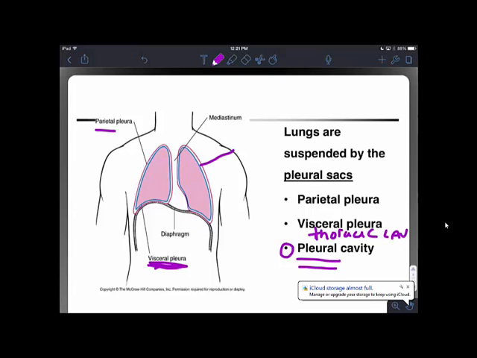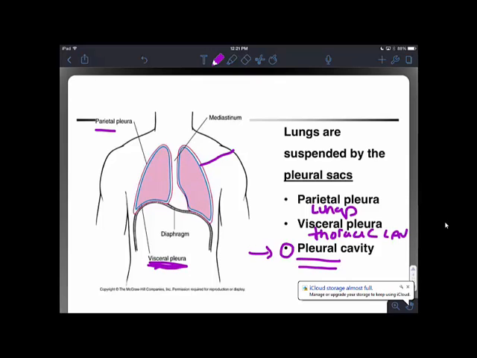The visceral pleura is attached to the lungs. In between we have this pleural cavity with a pleural fluid and also a suction that keeps the lungs essentially attached to the thoracic cavity, although they're not actually physically in contact.